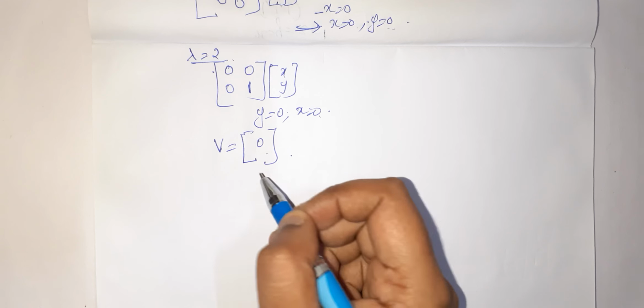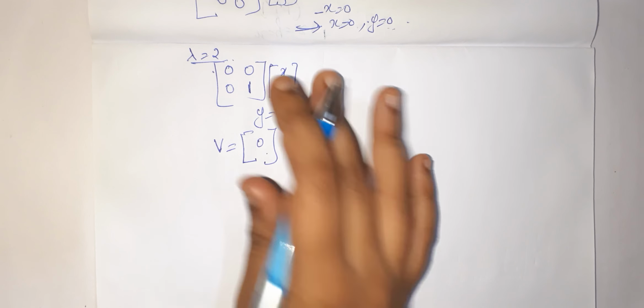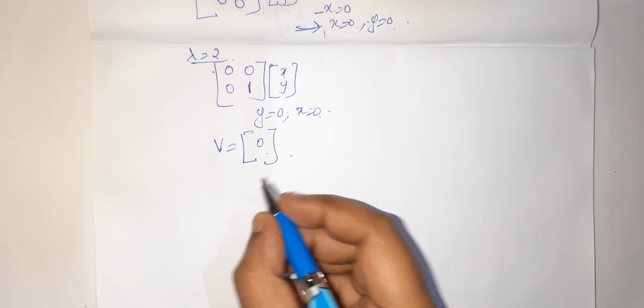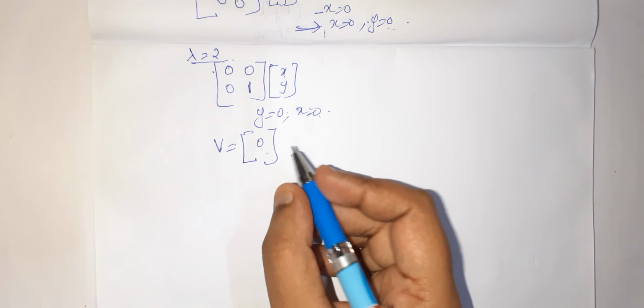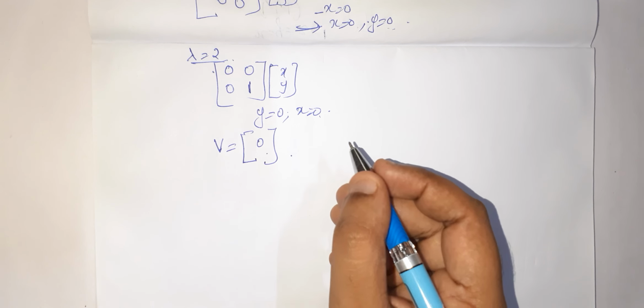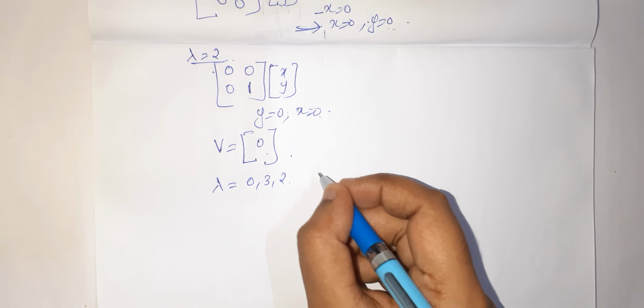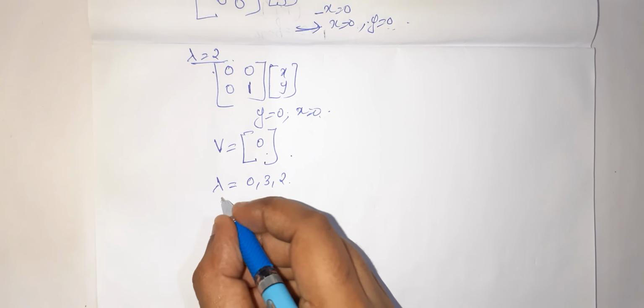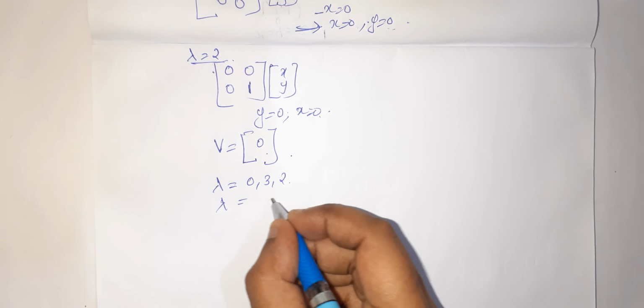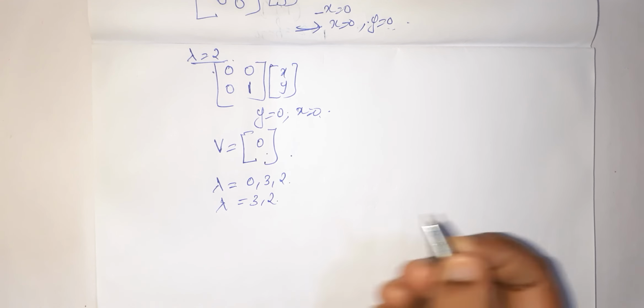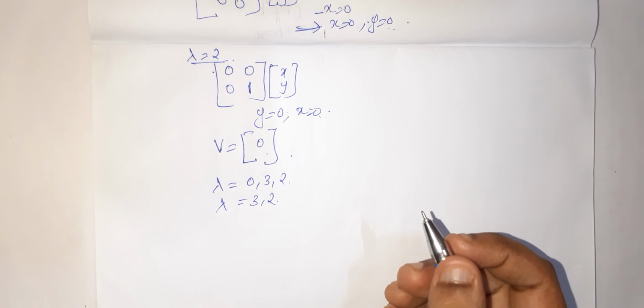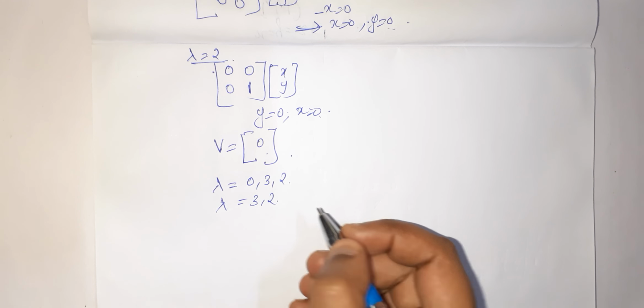Then our last step is to find the diagonal matrix. Therefore, the lambda values we have obtained so far: in the initial step, while finding the matrix U, we obtained the lambda values as 0, 3 and 2. For finding the matrix V, we got the lambda values as 3 and 2. Therefore, our eigenvalues are 3 and 2.